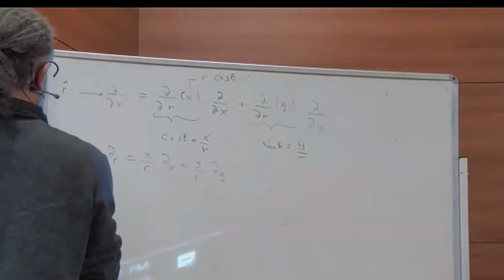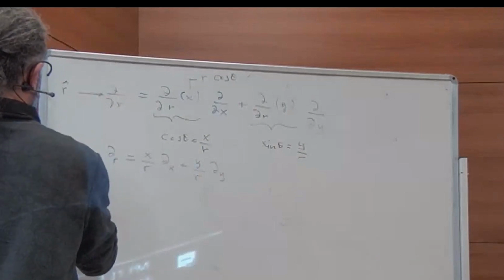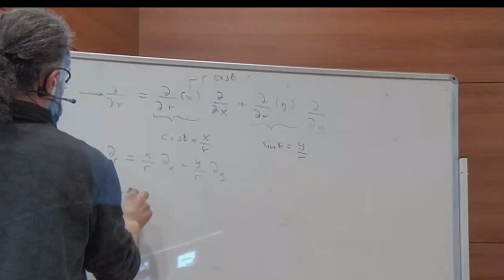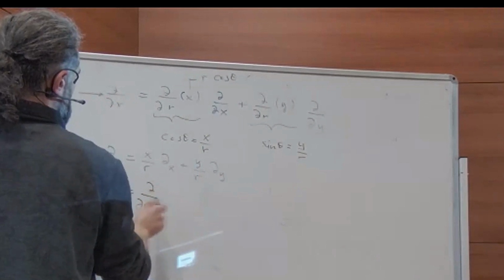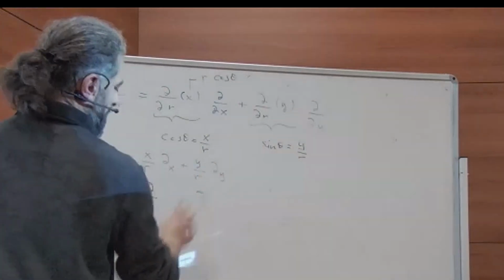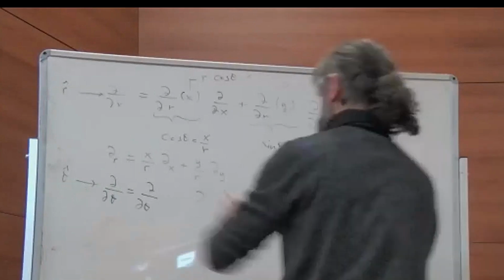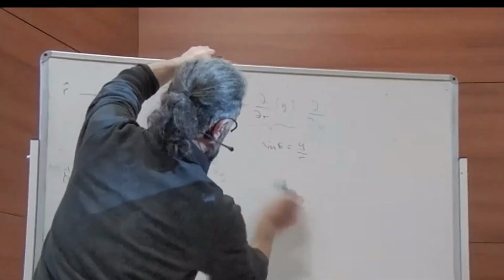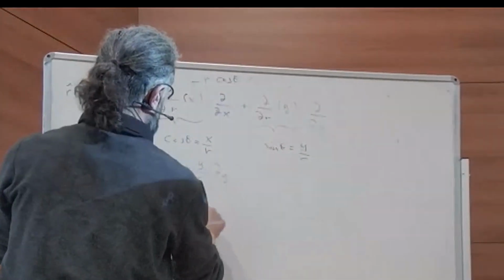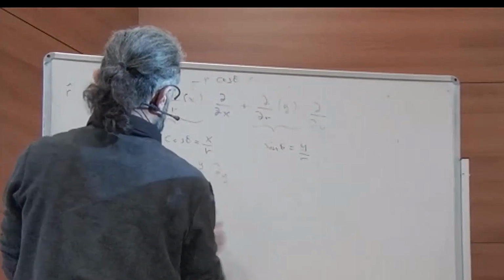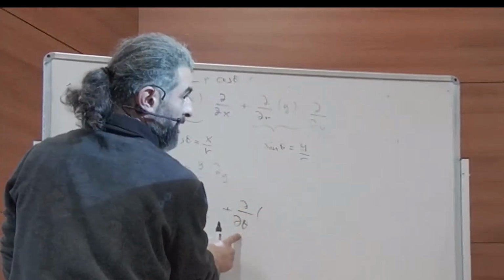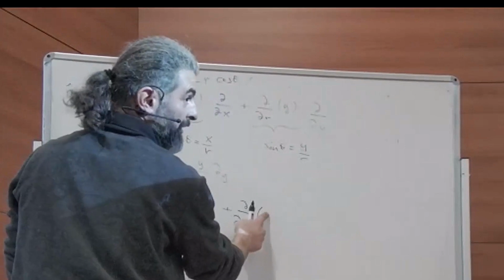And similarly for your theta, this is d over d theta, a vector field acting on a function.